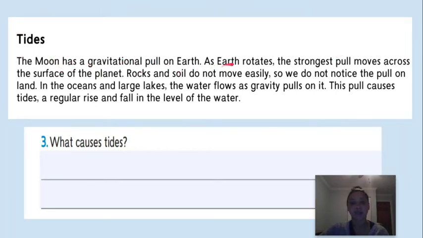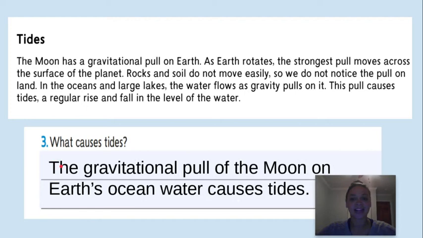Rocks and soil do not move easily, so we do not notice the pull on land. In the oceans and large lakes, the water flows as gravity pulls on it. This pull causes tides, a regular rise and fall in the level of the water. And so what causes tides? Can you look back in the paragraph and find the answer to this question? Good. I hope you're able to find that the gravitational pull of the moon on Earth's ocean's water causes its tides. So very good.